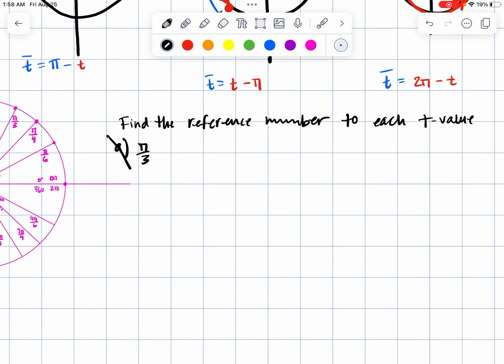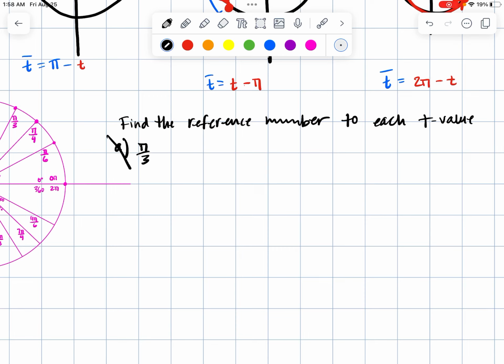So let's do it really quickly. All right, in pink, we have our unit circle, and we could find our pi over 3 right here. Notice that it lands in quadrant 1. So like our first example here, the shortest distance back is to just use that exact t value. Since it's from the initial point to pi over 3, that's the distance along the unit circle.